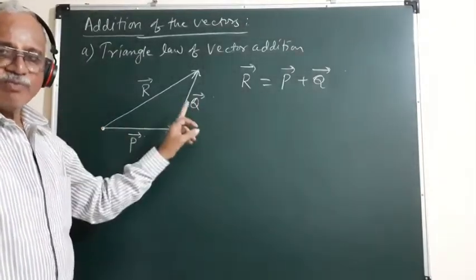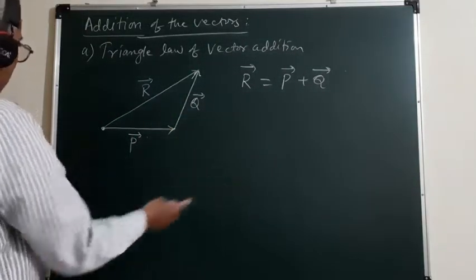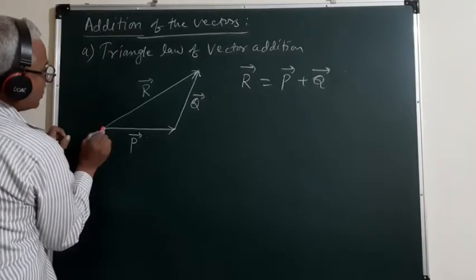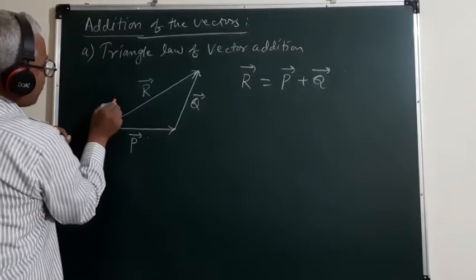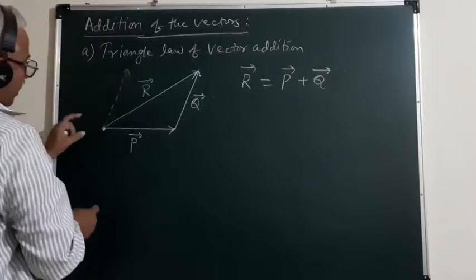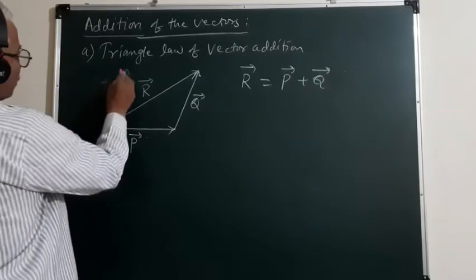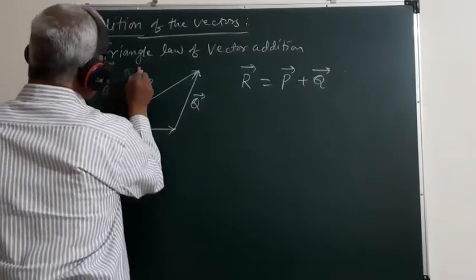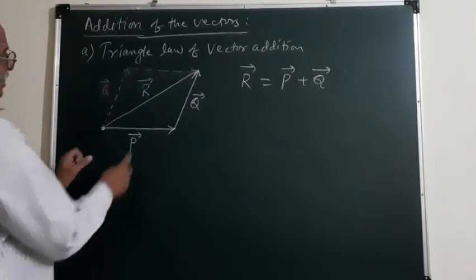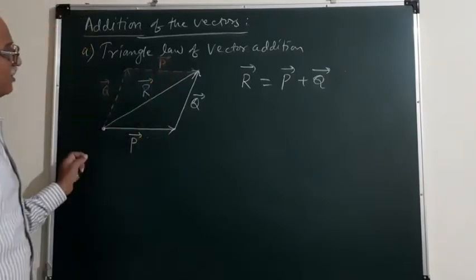On similar lines, if we draw a vector parallel to q bar from the starting point of p bar like this, this will be the vector q bar, and from the end point of vector q bar, if we draw a vector parallel to p bar, this will be the vector p bar.